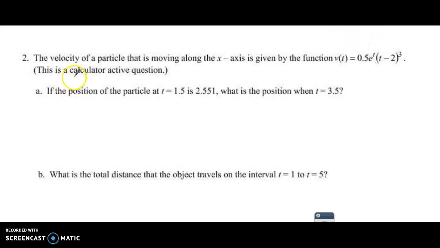Now this one is definitely a calculator active. You can definitely tell because we got some decimals in here. So the biggest thing with a calculator active question is make sure that your calculator is ready, and also pay attention to the directions. So this is how I would do the problem: as soon as I see an equation that looks complicated, type that into y equals.